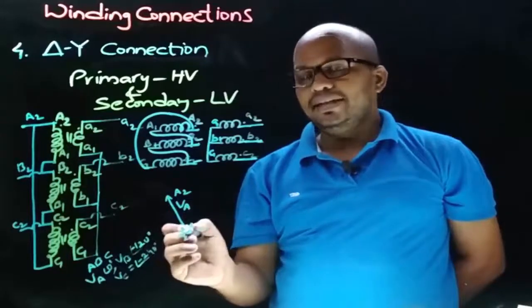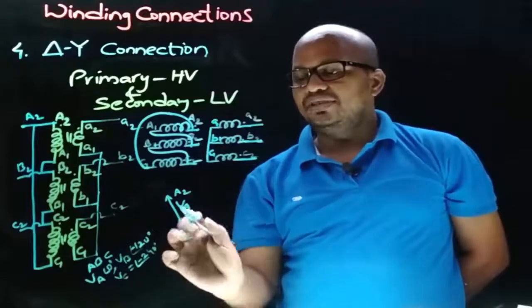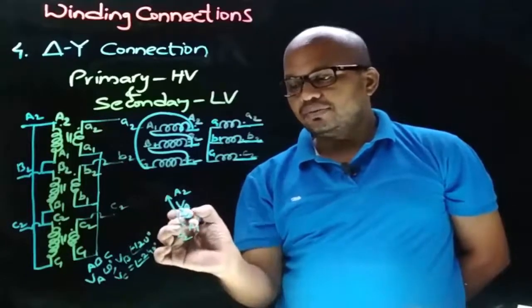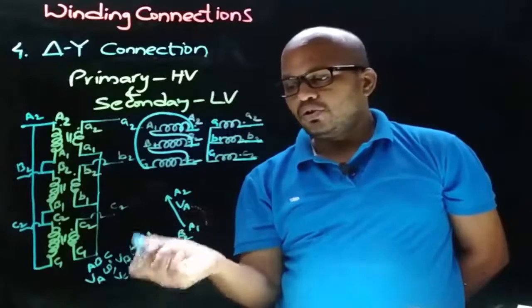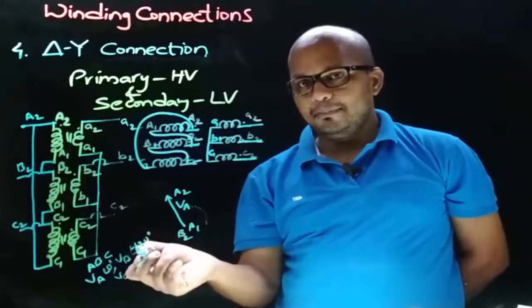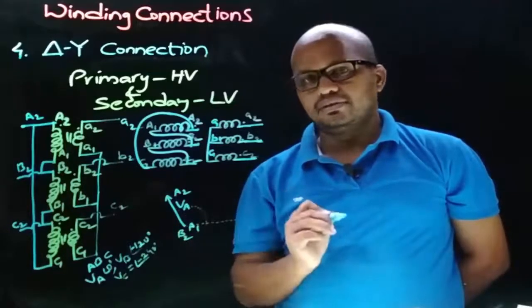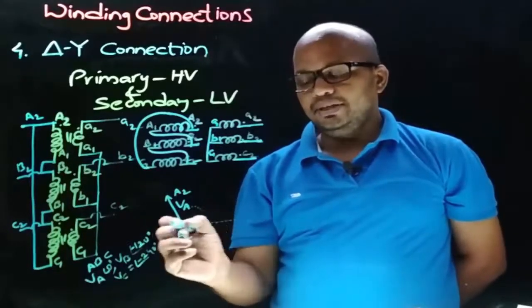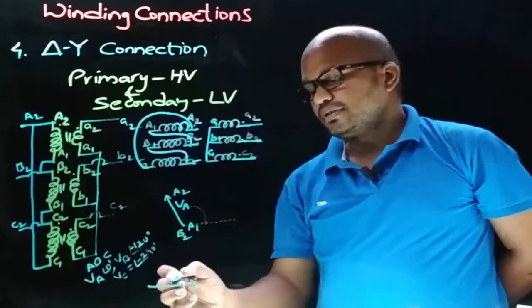Therefore, VB will be at an angle minus 120 degrees from VA. So, as the VA phasor is like this, from this phasor at an angle minus 120 degrees, that is in clockwise direction, there will be the VB phasor. So, the VB phasor will be along this direction.